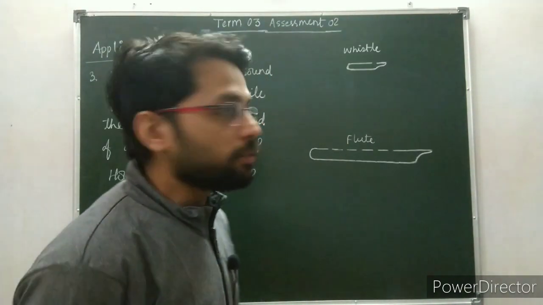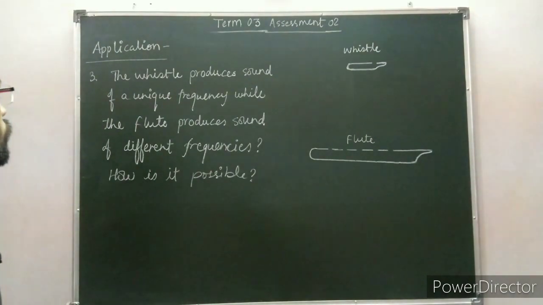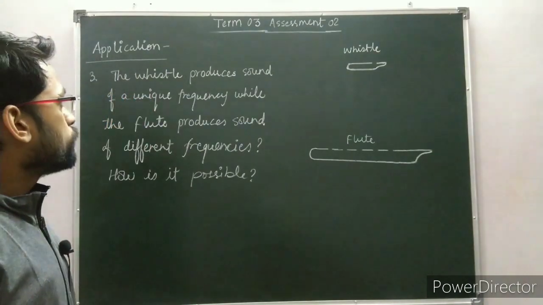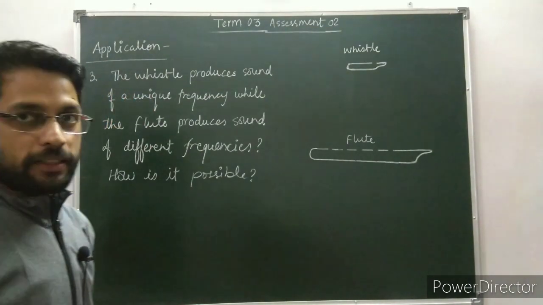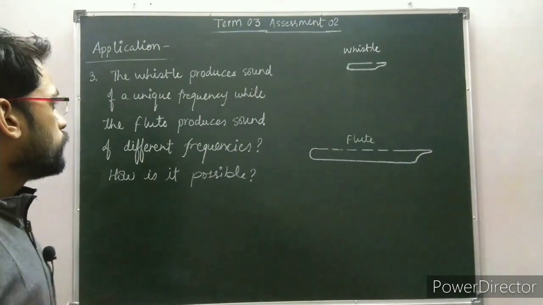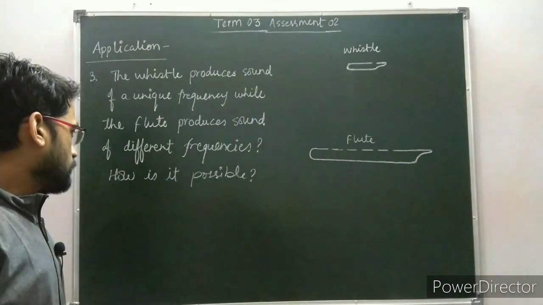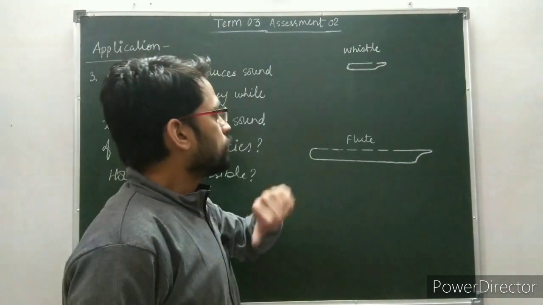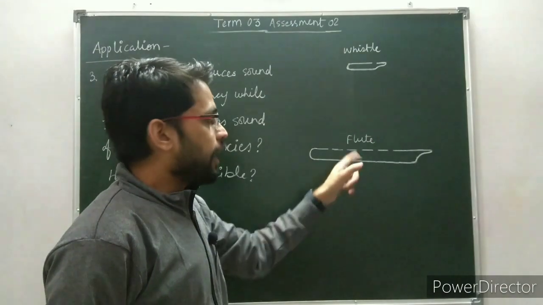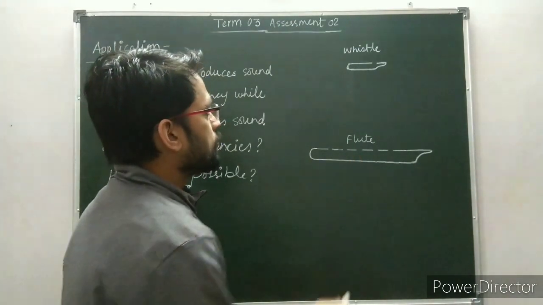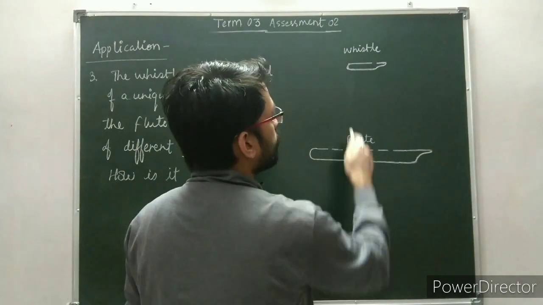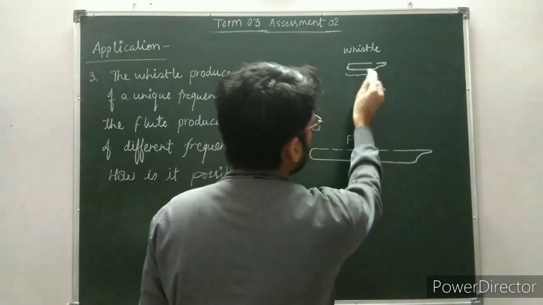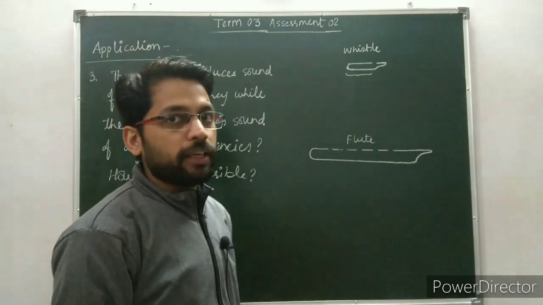Now come to the next question, the third question of the application part: the whistle produces sound of a unique frequency while the flute produces sound of different frequencies. How is it possible? Here we have the diagrams of a whistle and a flute. You can see that the whistle has a unique length of air column that cannot be adjusted.